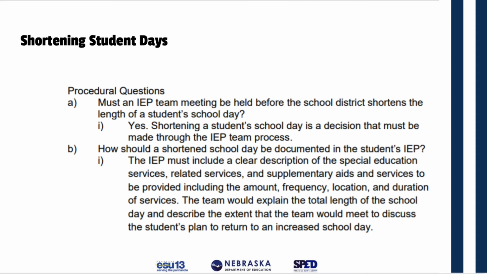So we want to make sure that we understand that LRE is about working through the continuum, not about having a student earn their way back, but it's really about utilizing those supplementary aids and services and supports to help our student to utilize the least restrictive environment.